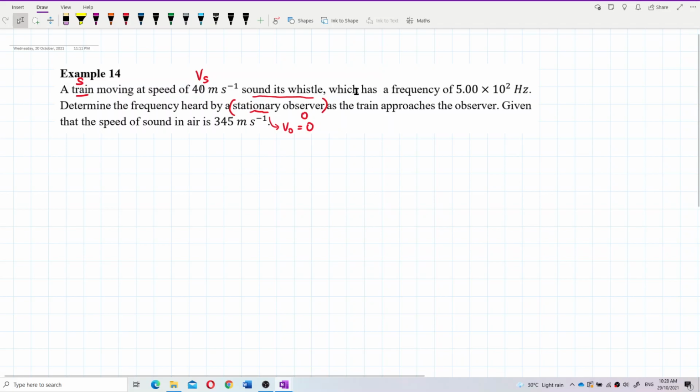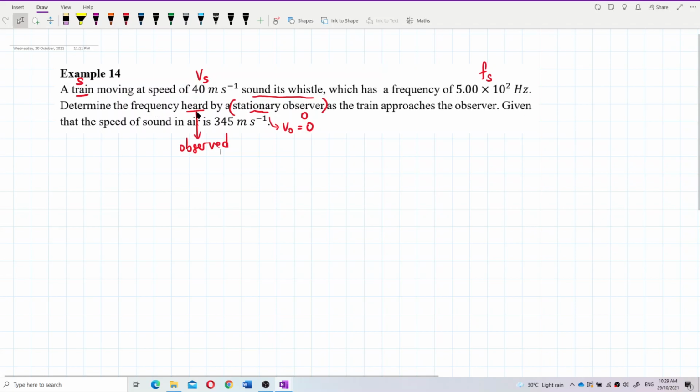Now this, which has a frequency, is the actual frequency, or we can say the source frequency, the actual one. And then he asked to determine the frequency heard, or we can say frequency observed, by the stationary observer.